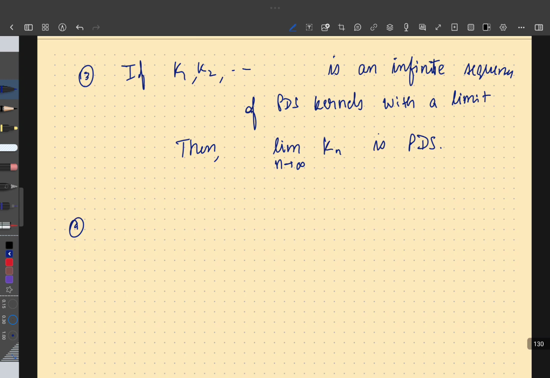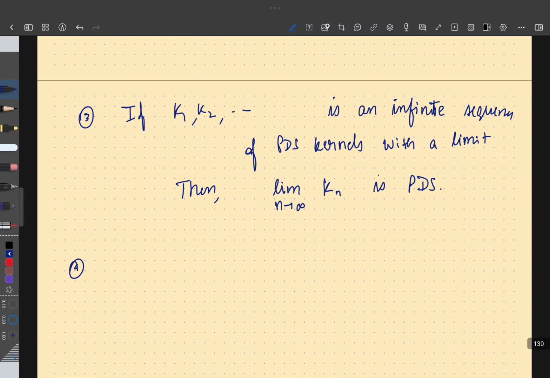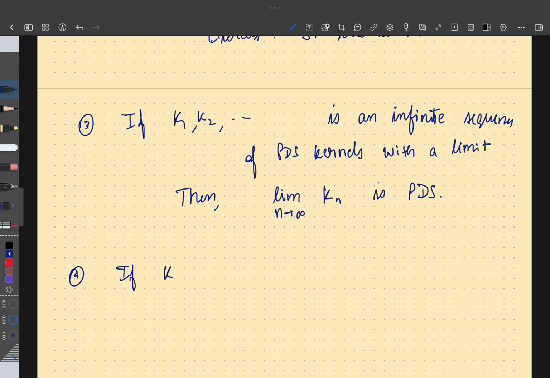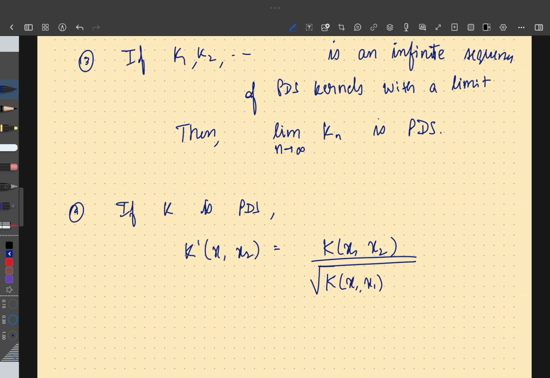The fourth property, which I'll just state, is that if K is a PDS kernel, then K prime of x1, x2, which is the normalized version of K, is also PDS.